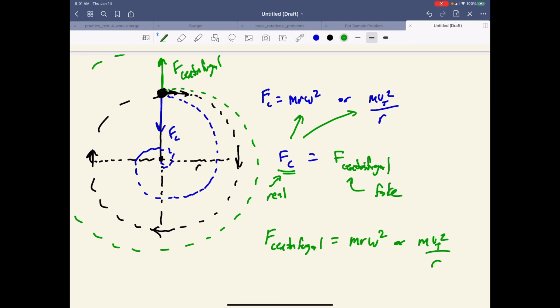Again, this holds true because the outward force has to be equal to the inward force. The outward fake force has to be equal to the inward true force because the object is not radially accelerating inward or outward. Now, if we do an example where the object is accelerating inward or outward, then the statement's not true. They're not equal. But in most cases, they are. Okay. The next video will be a sample problem showing how we use this idea.